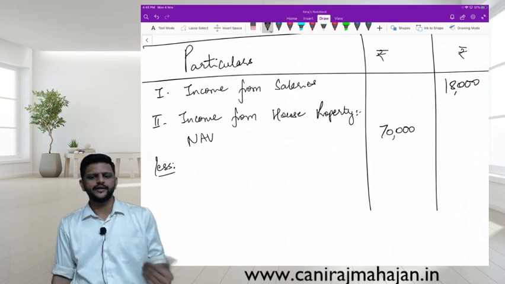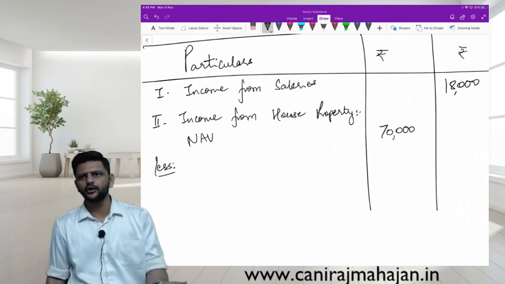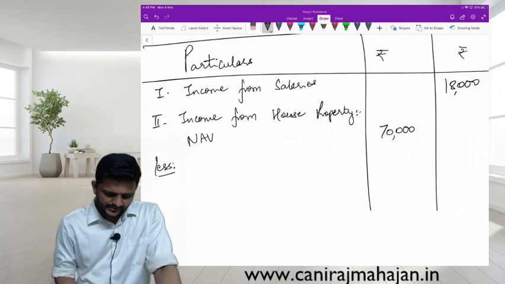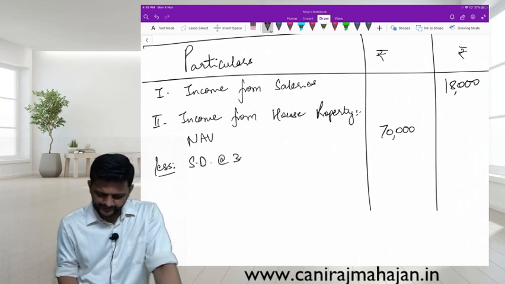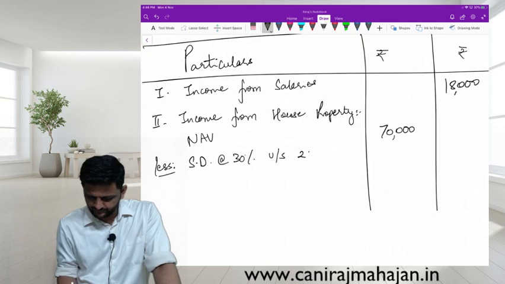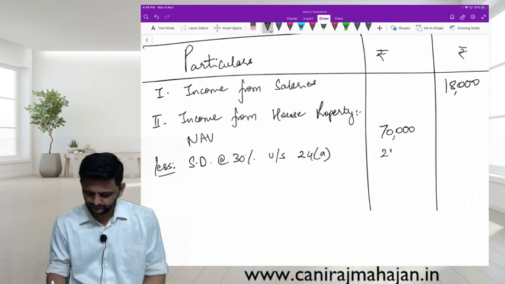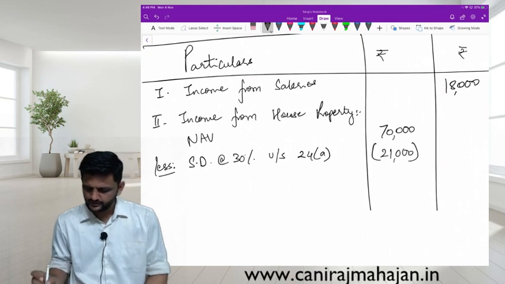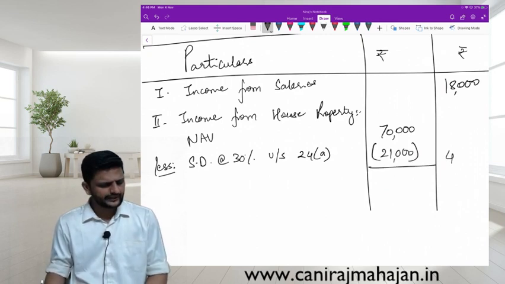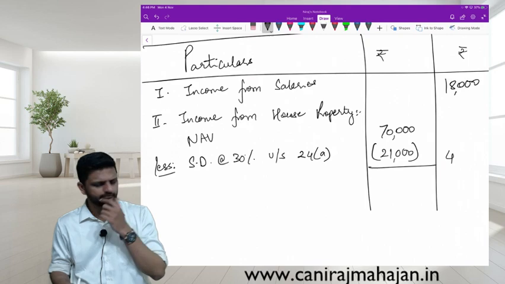No. You are getting income, so whether let out or whatever, we will take standard deduction at the rate of 30% under section 24: 21,000. How much is it? 49,000. Are we setting off something from HP income?